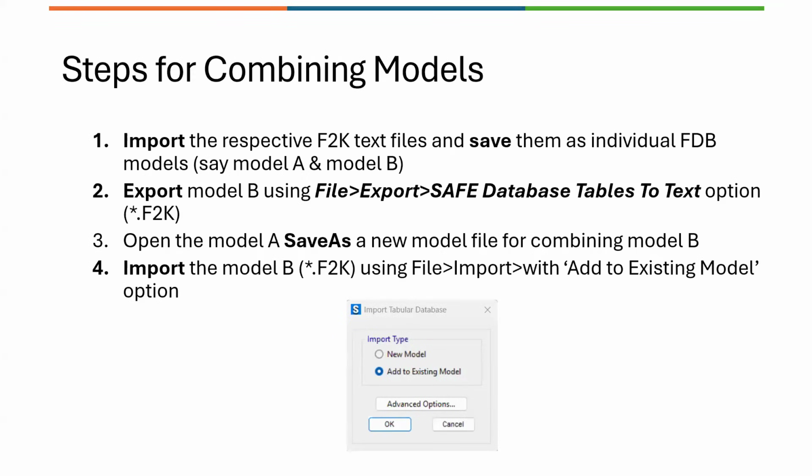Now, let us start with the first example. I have listed the steps how to combine the models in the SAFE program. So what we are going to do is we'll jump to the software as well, and then we'll come back to the slides once again.